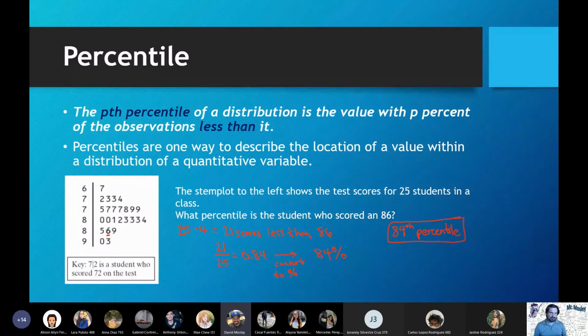If you're in the 95th percentile, that means only 5% of the people who took that same test scored equal to or higher than you, and 95% scored lower. So this is how the percentile gives us a better idea of where you stand, or where an observation stands within the entire set of observations.